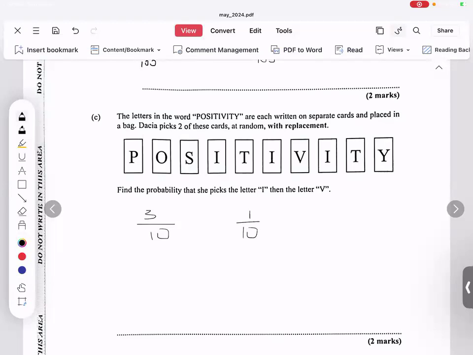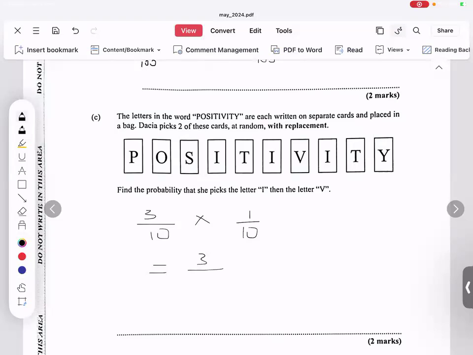But remember, the probability of her picking an I was 3 out of 10, and the probability of her picking a V was 1 out of 10. To know the probability of both, it's going to times both of them. So the probability is going to be 3 times 1 is what? 3.